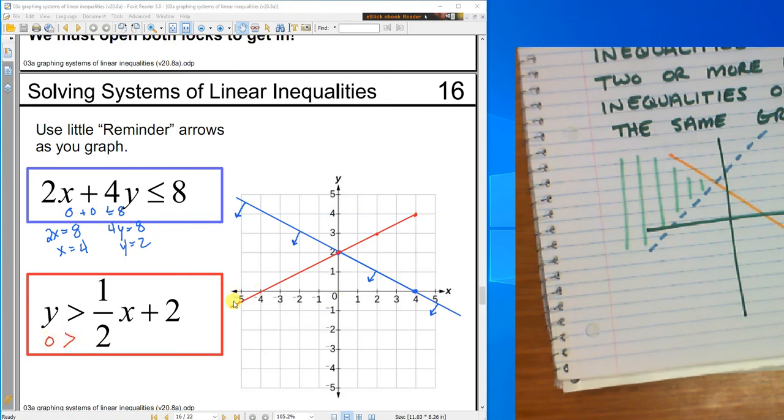This should have been a dashed line, right? Sorry, my bad. Okay, so that's a dashed line. 0 is greater than 0 plus 2. 0 is greater than 2. That is false. This point is false with regard to the red line, which means I need to shade above the red line.